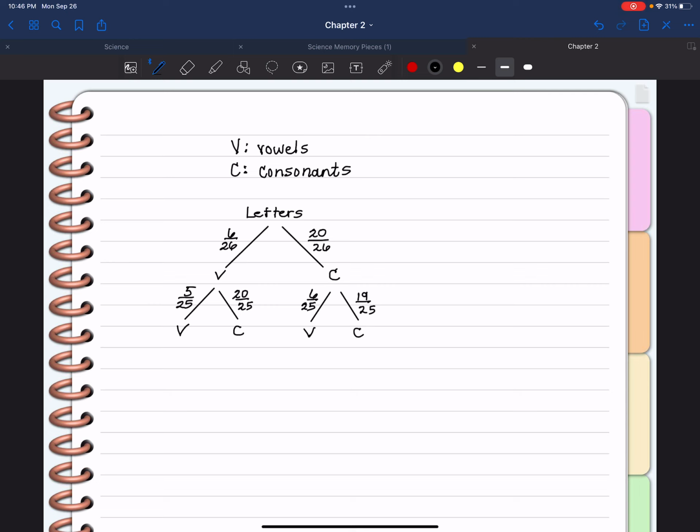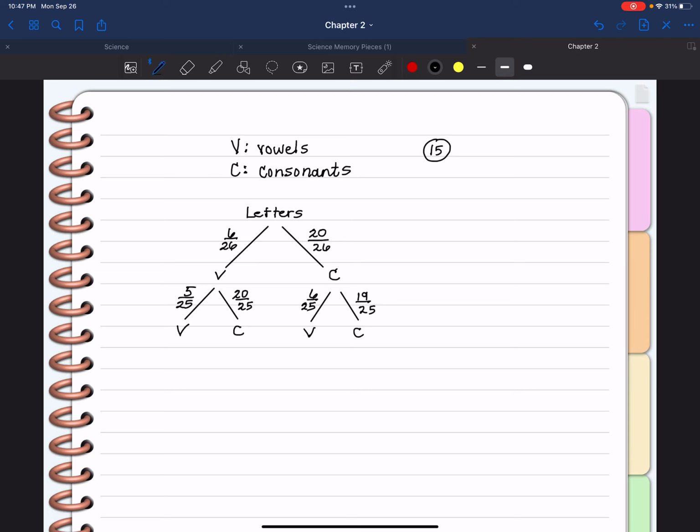Okay, we're looking at number 15. First, I need to read the story. Peter has a bag of blocks. There is one block for each letter of the alphabet. The tree diagram shows the probabilities of drawing 2 blocks without replacing the first block after it is drawn.